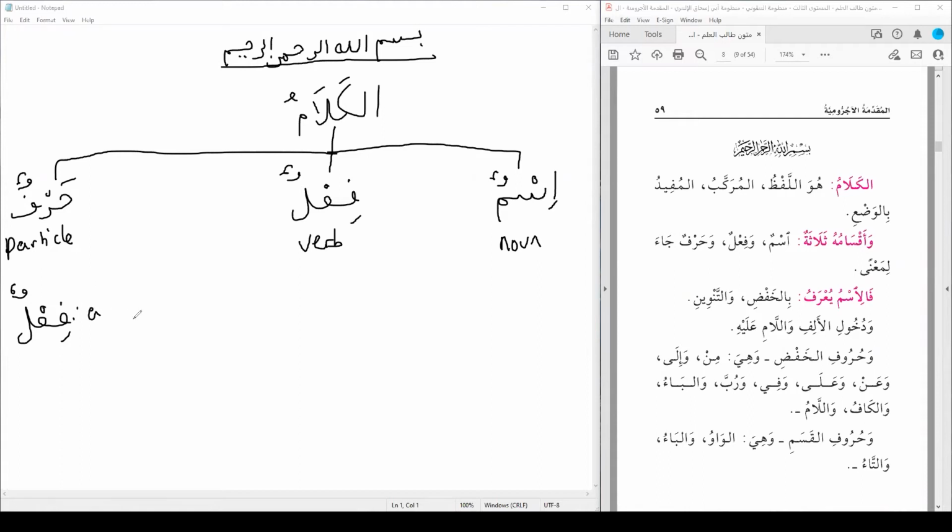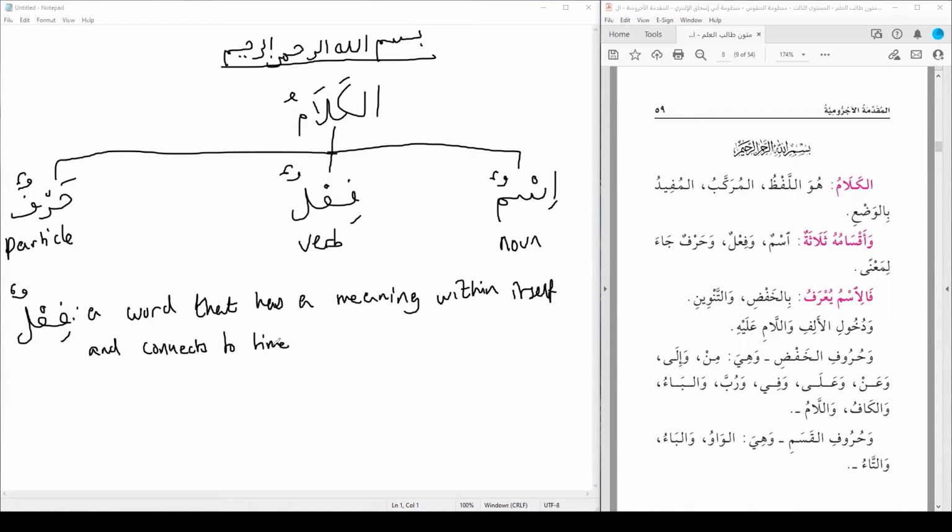It is a word that has a meaning within itself and connects to time.